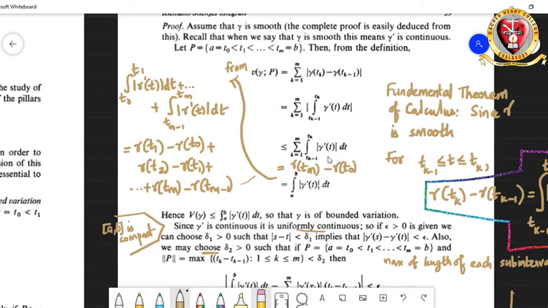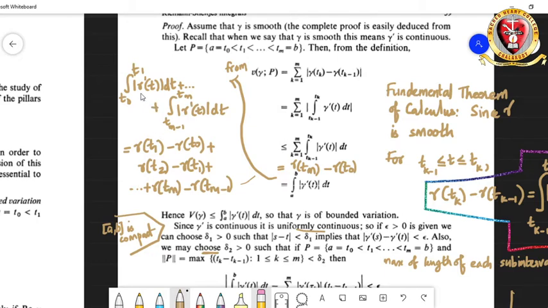So again we can apply the fundamental theorem here, and we get gamma of tk minus gamma of tk minus 1, and then we have to apply summation k equals 1 to m, and so what we get is this.